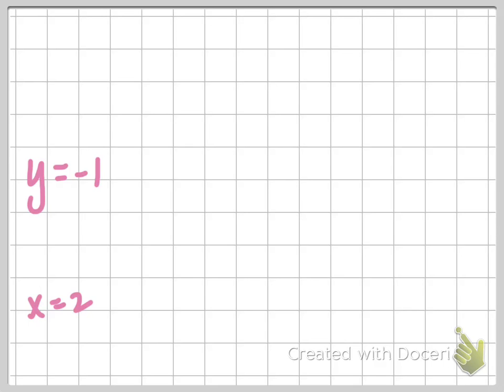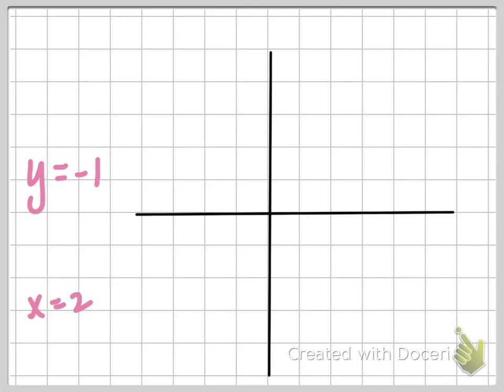Again, your graph does not have to be very big on these because I know they're smaller numbers. So I'm just going to take my graph up to like 3. 1, 2, 3. I've got my x here and my y.